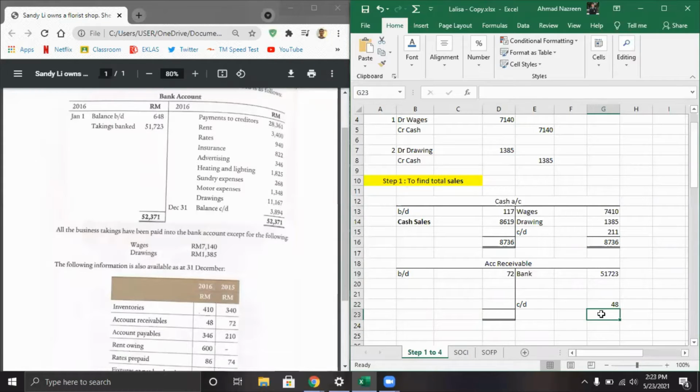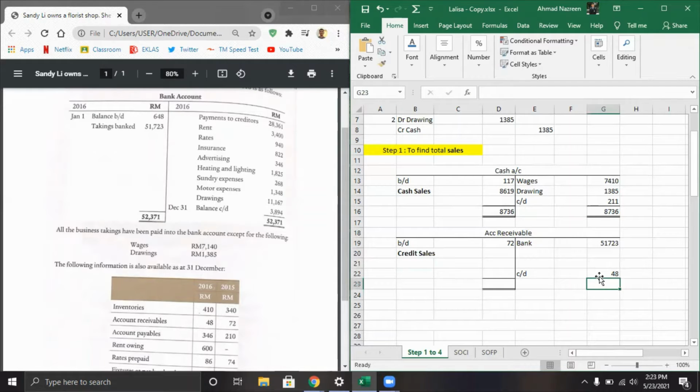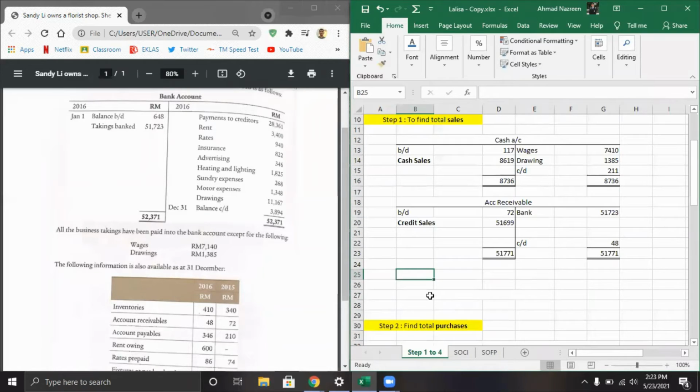And so to find the total sales, credit sales 51699 plus cash sales 8619 will get the total sales.